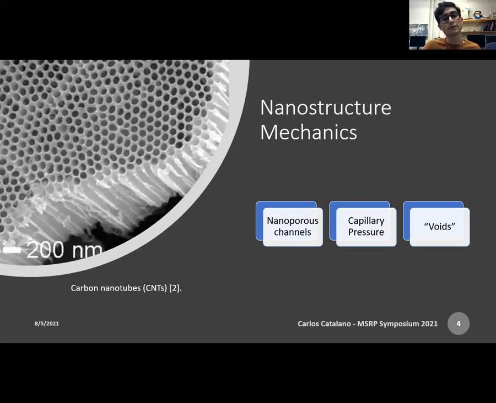Because of their little grooves and their nanoporous channels, they have capillary pressure, which allows gas to escape through those channels outside of the composite into the pump. And air or gas that is trapped in between the layers of the composite is called voids, and that is very detrimental to the structure of the composite material. It weakens the material.